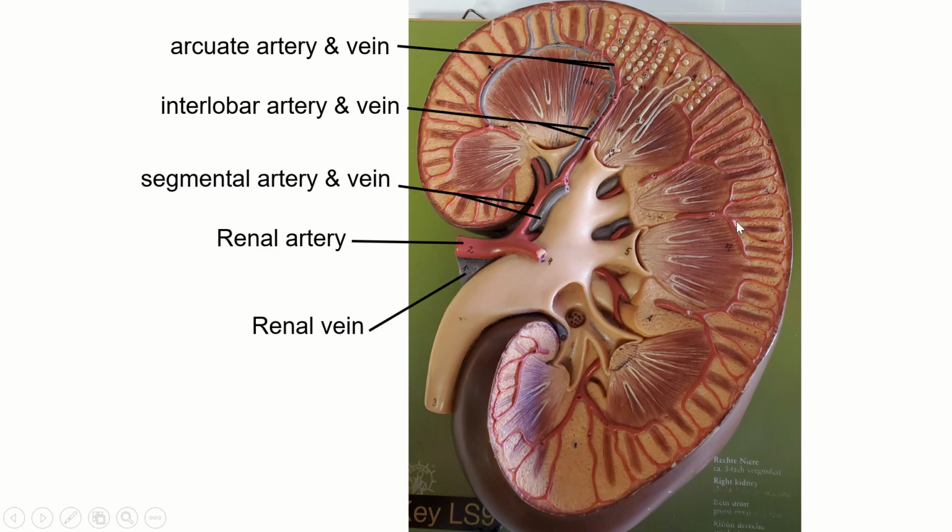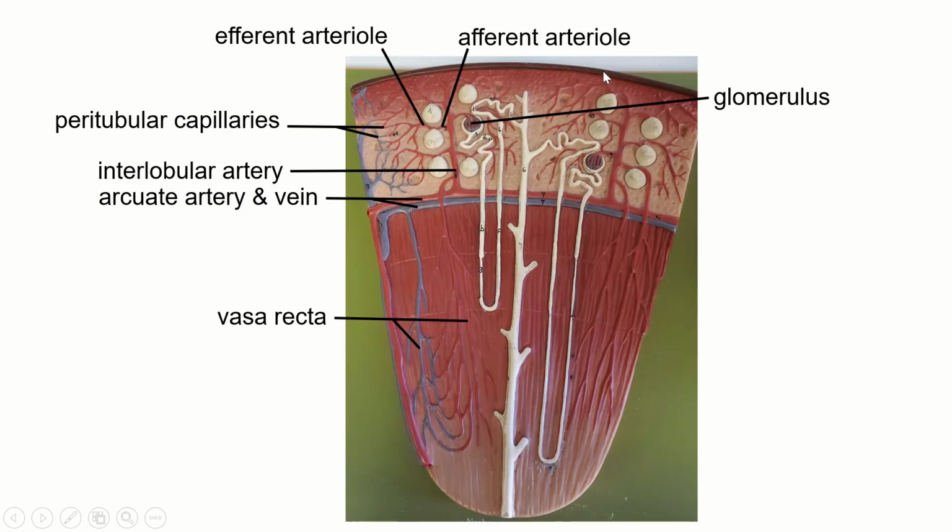There you go. All right, so this is the kidney. We already went over renal artery and vein. Here's the segmental artery. Sorry, that's not actually a segmental vein, that's an interlobar vein. Here's the interlobar artery and vein. Here's the arcuate artery and vein, and then we're going to zoom in to the renal lobe. Here's the arcuate artery and vein branching into the interlobular artery.